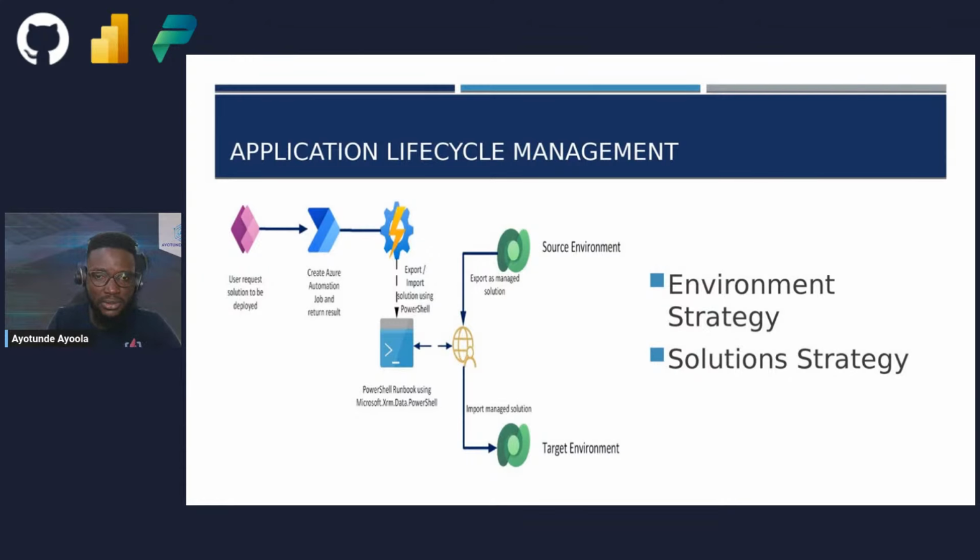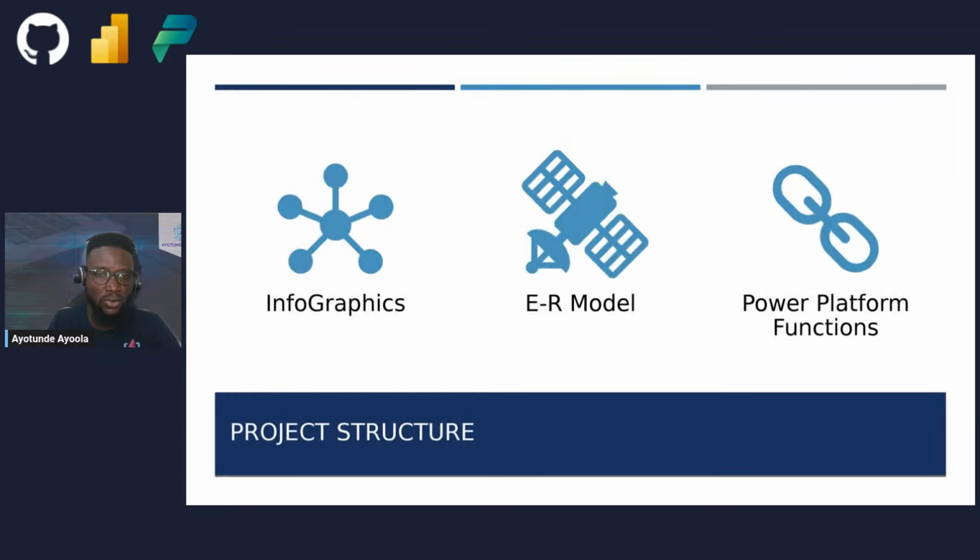Now, apart from this, we talk about project structure. In your project structure, you are giving some sort of graphical representation of what you're trying to achieve. Some people understand it as creating flow charts, just to represent what exactly the project is all about. What is the flow of the application? What is the flow of the automation?